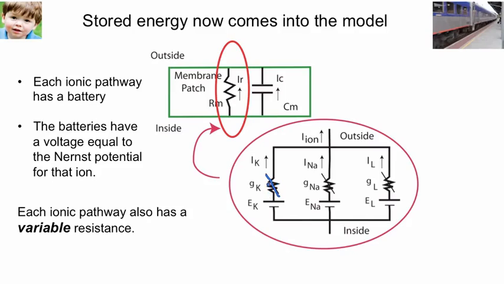So there's a line through Gk, a line through Gna, and a line through Gl. These resistances are not linked to each other because a part of the model is that each of these 3 lines is operating independently. It's the so-called independence assumption. So that means that there has to be some other additional rules that tell us how these pathways operate.